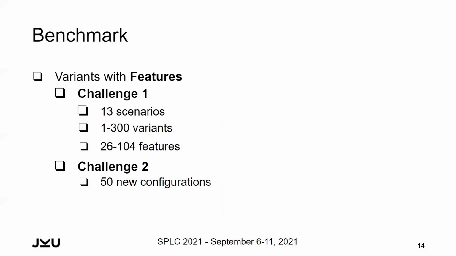We designed 30 scenarios for each system with a specific number of variants, where scenarios 1 up to 10 have 1 to 10 input configurations, and scenario 11 has 100, scenario 12 has 200, and scenario 13 has 300 input configurations. This is about 26 to 104 features. For challenge 2, we make available 50 new configurations that do not exist in any of the scenarios to evaluate the solutions.